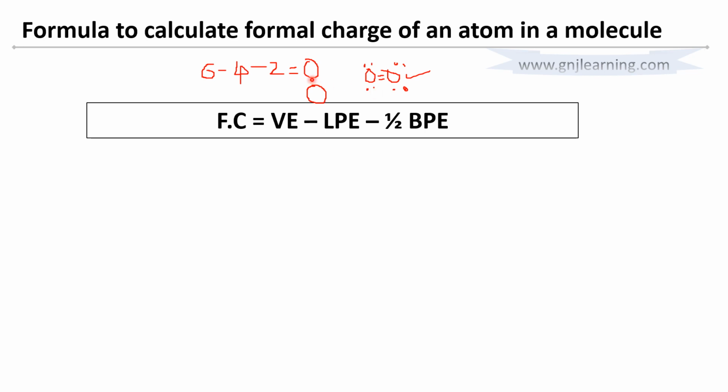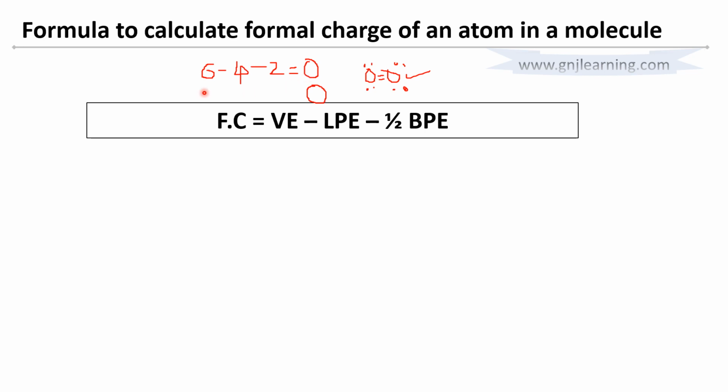That's why it has a charge of 0. Similar is the case with the other oxygen. It has not gained any electrons, so its formal charge is 0. And you will see in the later slides that certain molecules gain electrons after molecular formation. Then we will see what the charge is.